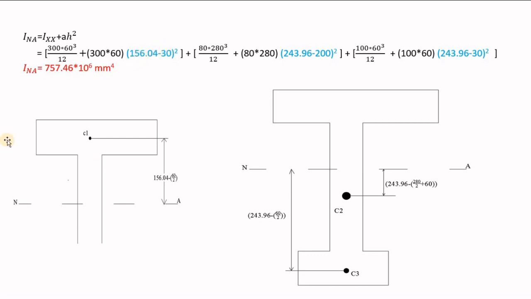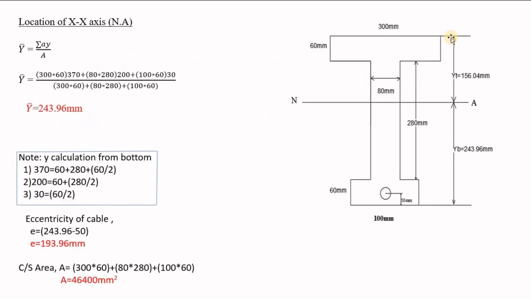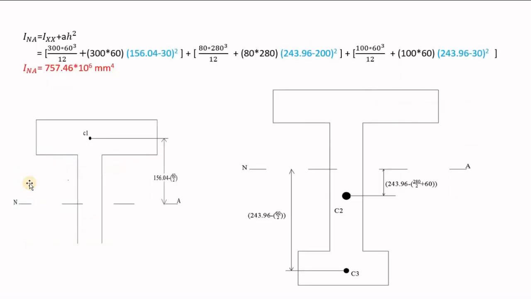From the top to the neutral axis, the YT value is 156.04, and this first element comes within that. So we have calculated 156.04 minus 30, that is 60 by 2, since the depth of the element is 60 by 2. So the distance between the centroid of this element and the neutral axis is this much. For the first element it is over.